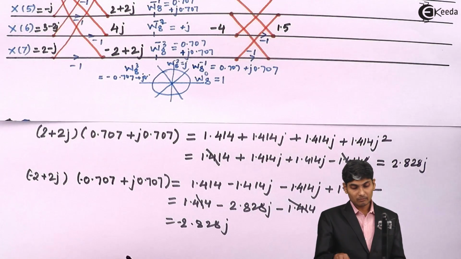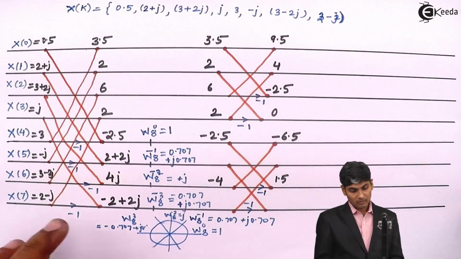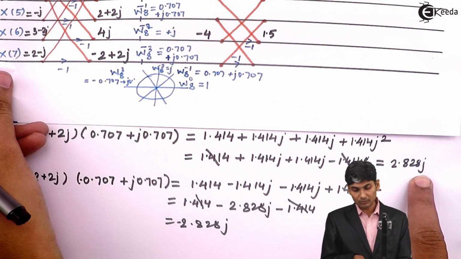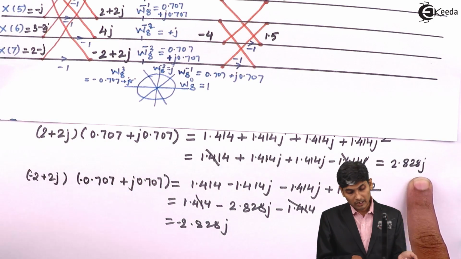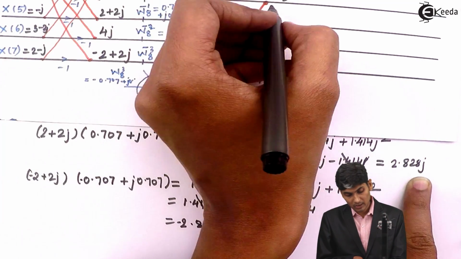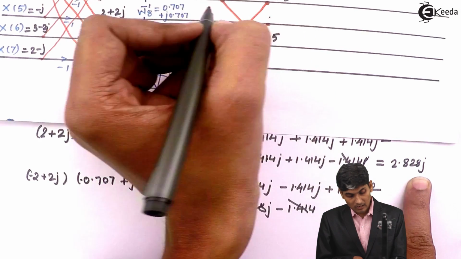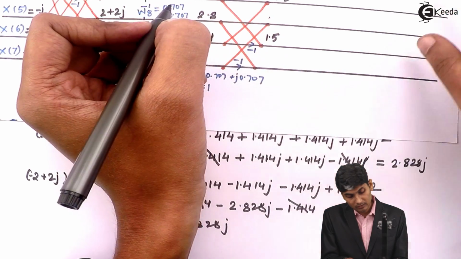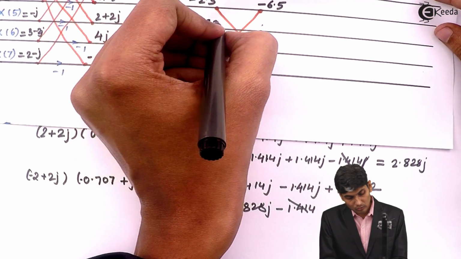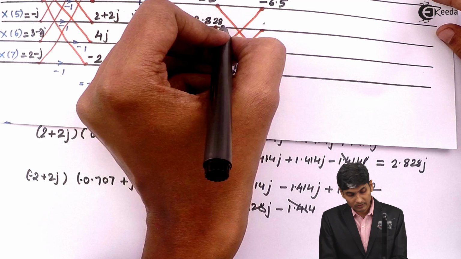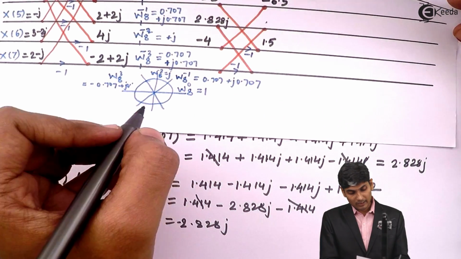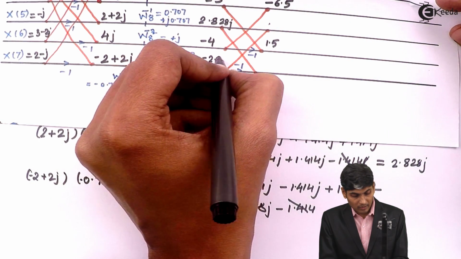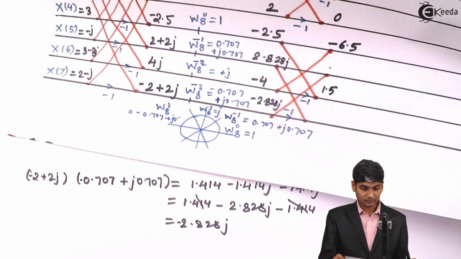Okay, so we will come back to our problem, where the first multiplication has produced 2.828j. So this product has given me the answer as input as 2.828 with a j sign, and the next one has produced minus 2.828j.